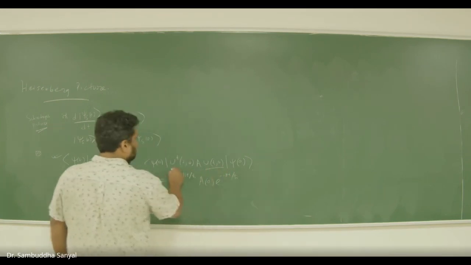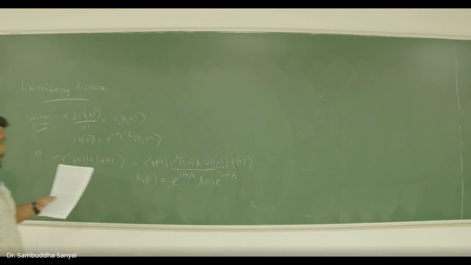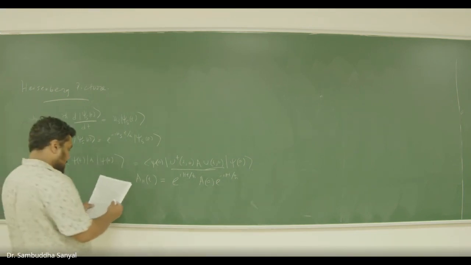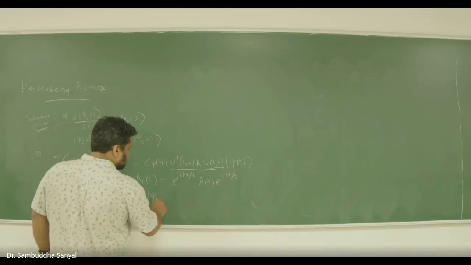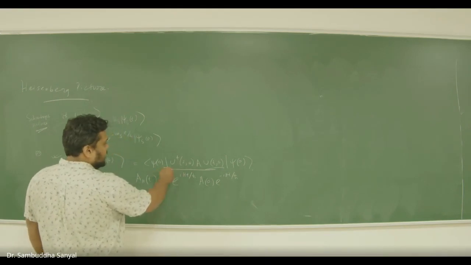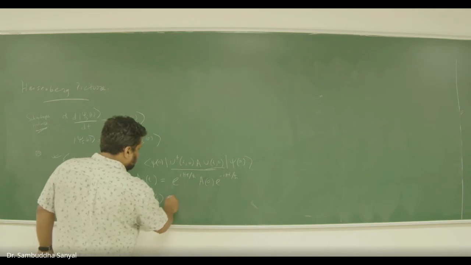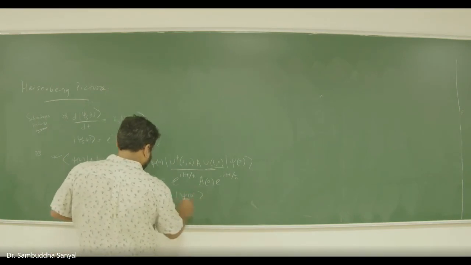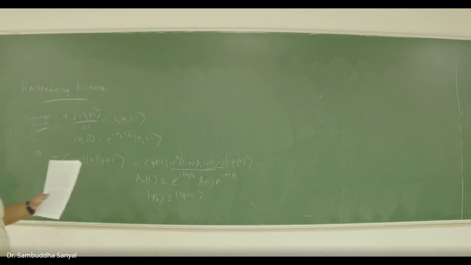I have taken this whole object and written it here. So this I call the Heisenberg operator. And now my psi h doesn't evolve because the time evolution is taken away, and this is nothing but my psi s. Okay, this is the definition.